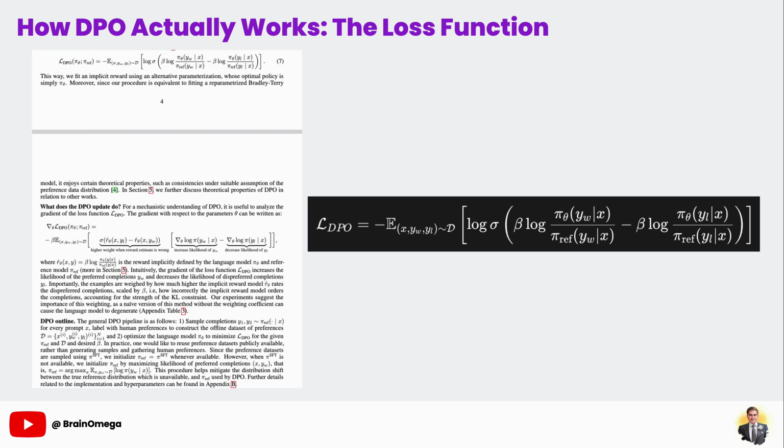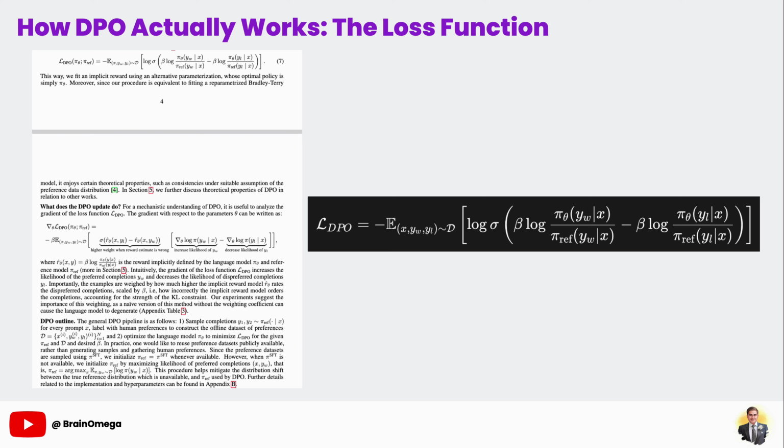The reference model, usually your initial supervised fine-tuned SFT model, acts as an anchor. DPO penalizes the policy for deviating too much from this reference, which prevents the model from forgetting its core capabilities or collapsing into repetitive outputs.